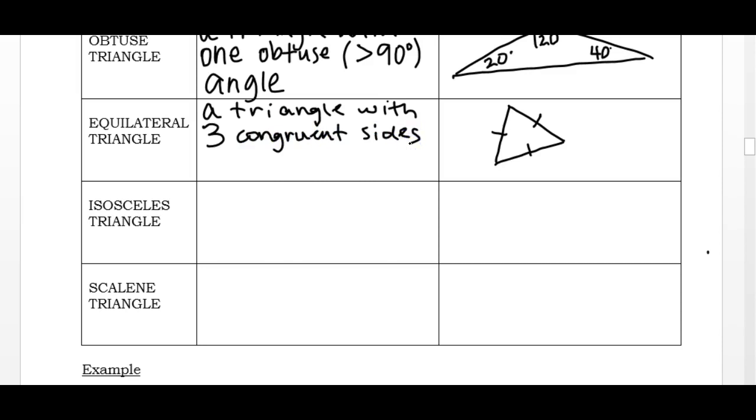Next I have the word isosceles. An isosceles triangle is a triangle with 2 congruent sides.